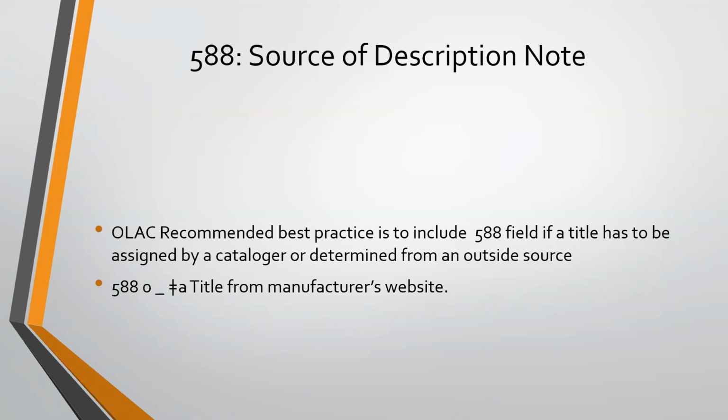But OLAC recommends as a best practice to use a 588. I think that is something for you to determine for yourselves. I feel like 588s are really for serials, but again, it's a possible best practice that you could include in your cataloging.